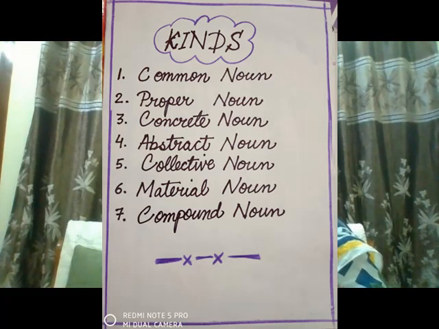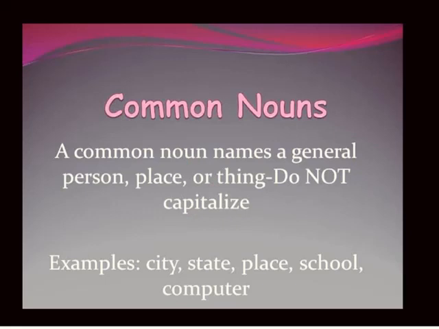Now we shall begin with the first kind, that is a common noun. Already you know about a common noun. You have already learned in your previous classes. So a common noun is a general name given to a person, a place, an animal or a thing.